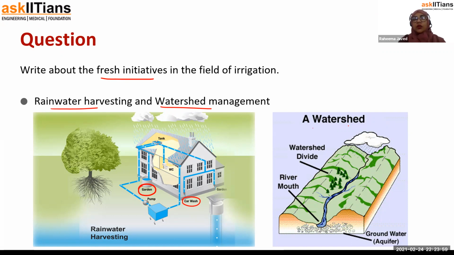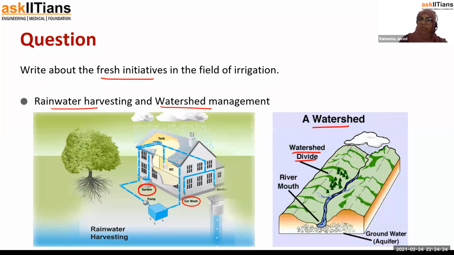Another thing is a watershed. Watershed is actually a system where the land and water are bounded by a drainage that sends the water, the runoff, to a common point. So you can see that this is a land area, and it is bounded by a watershed divide.